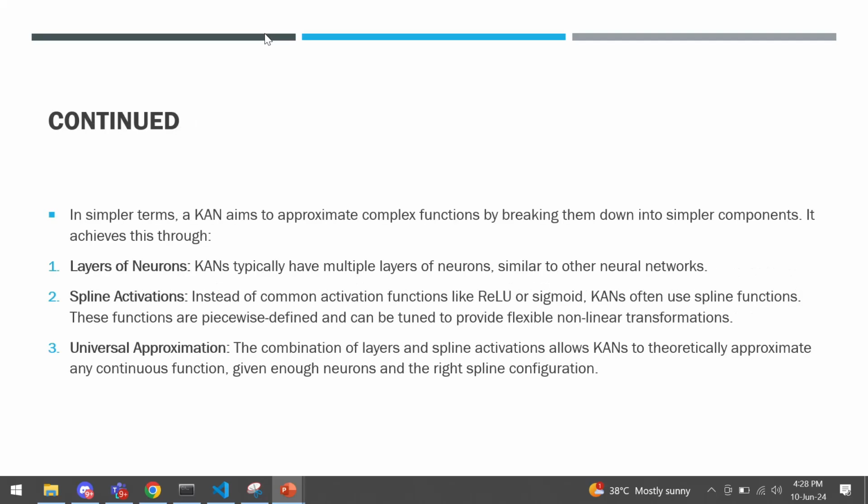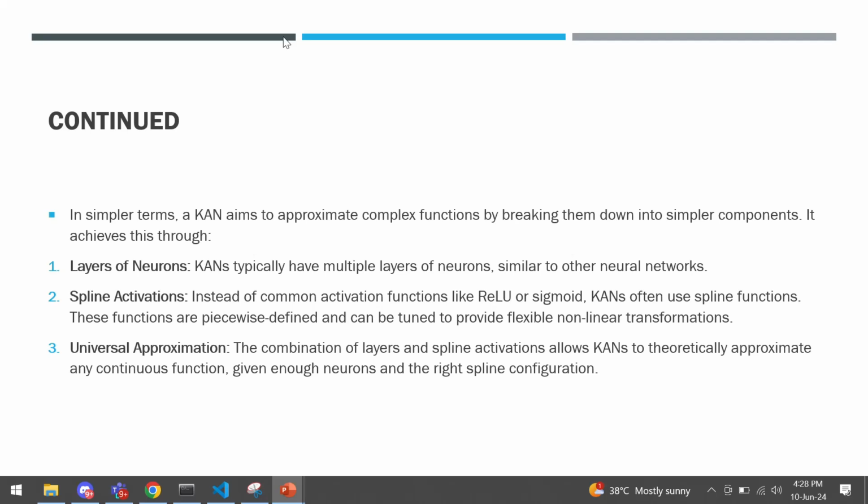Again, in simpler terms, a KAN aims to approximate complex functions by breaking them down into simpler components. It achieves this through layers of neurons. KANs typically have multiple layers of neurons, similar to other neural networks. Spline activation: instead of common activation functions like ReLU or sigmoid, KANs often use spline functions.